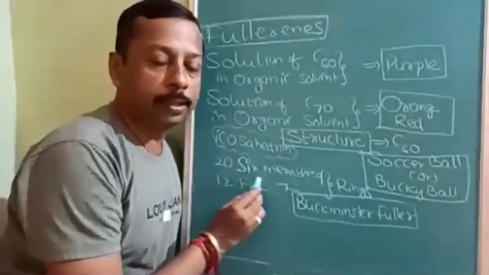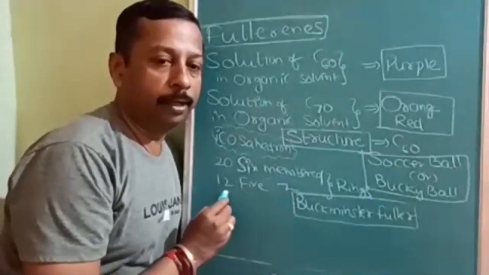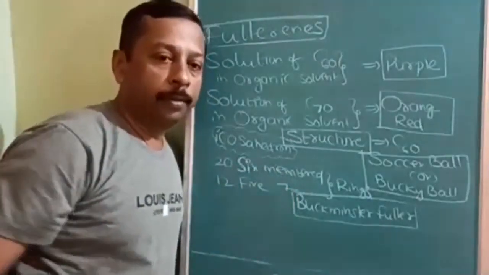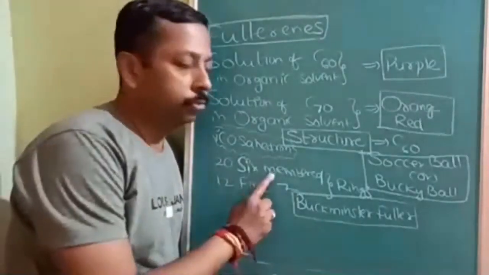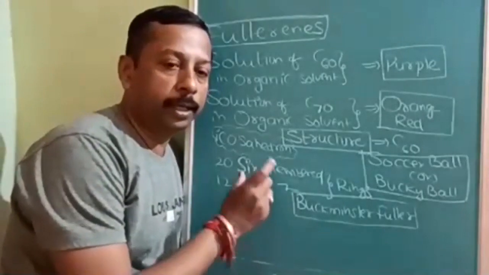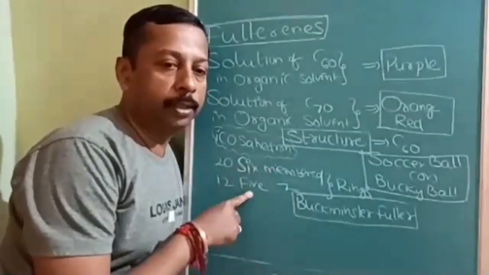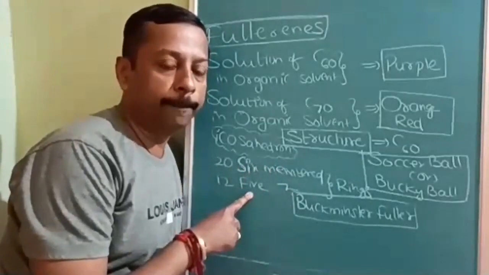So there are 26 six-membered rings and 12 five-membered rings. There are five-membered rings and six-membered rings, but two six-membered rings can be merged together. You will not find any merging of two five-membered rings together.